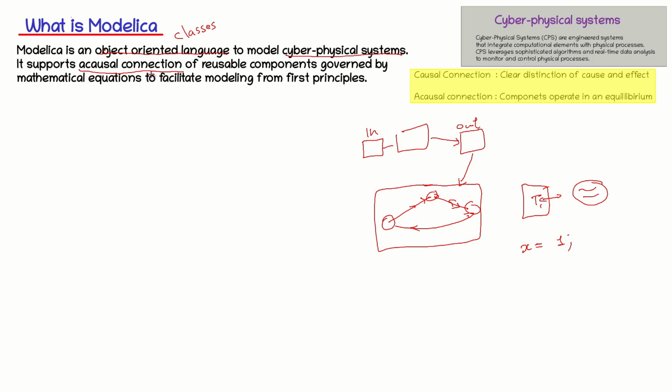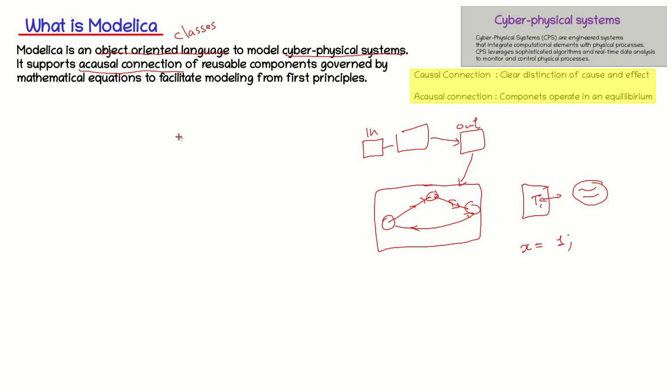Instead, it uses acausal connections where we write equations instead of assignment operations. And we use reusable components. So we have basic components already built, and larger complex systems can be built as a combination of these components. That eliminates the need of writing everything from scratch each time.